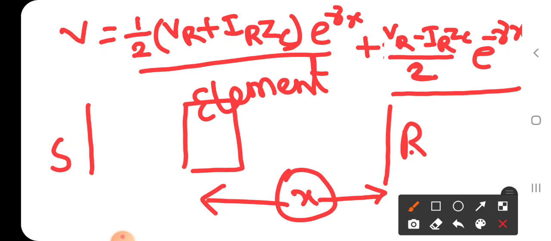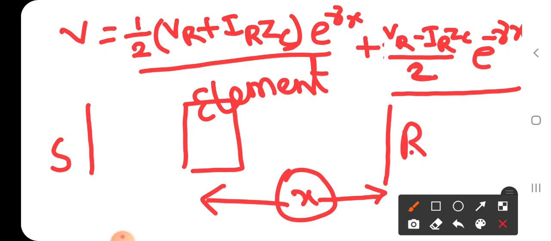The voltage components depend on x, and as x increases, since they are exponential terms, they behave like waves.